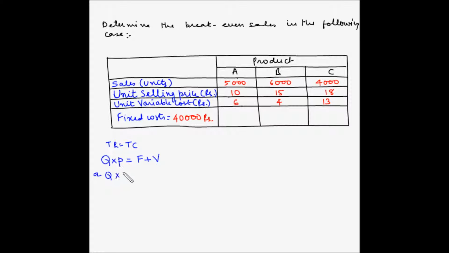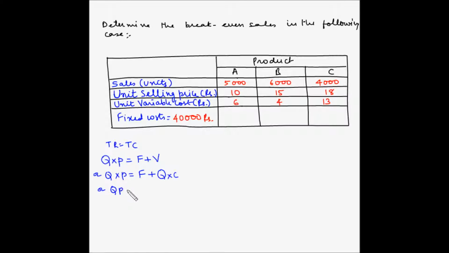Now we can again substitute the variable cost with the formula, which is number of units sold multiplied by the unit variable cost. So here let's bring the expressions with the variable, which is Q, on one side, because Q is the break-even quantity which needs to be sold in order to recover all the cost.